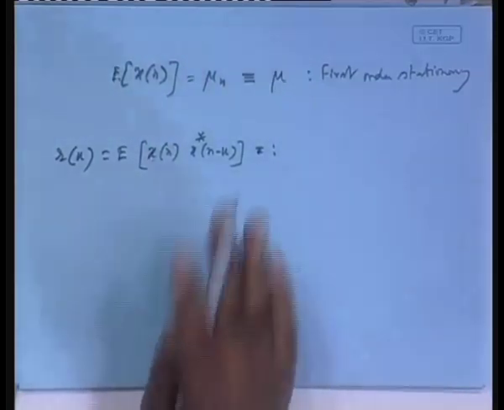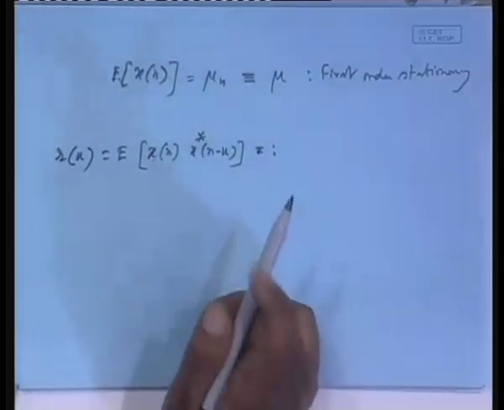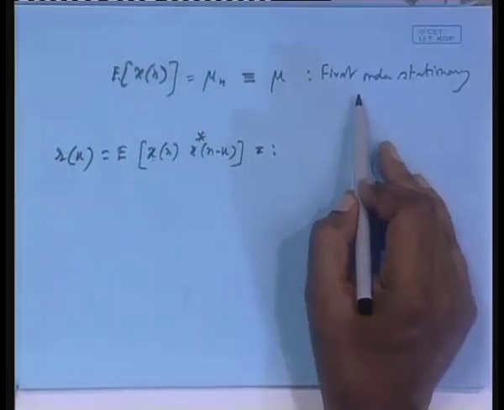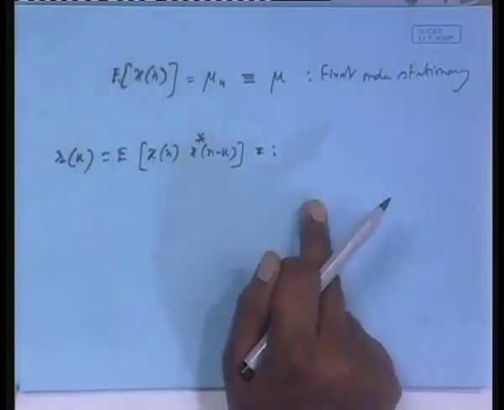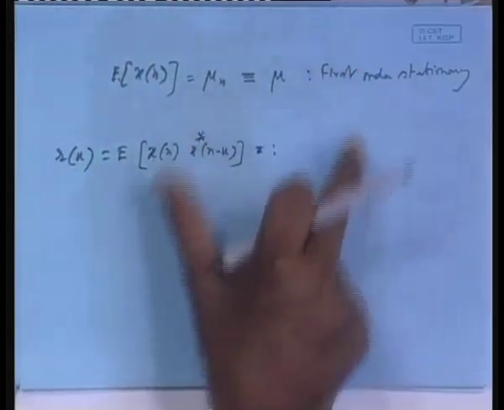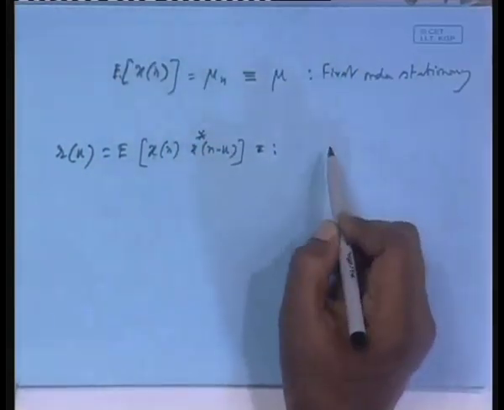Now, if the process is both first order stationary and satisfies this, then only it will be called second order stationary. Second order takes care of first, this is a subset of this.